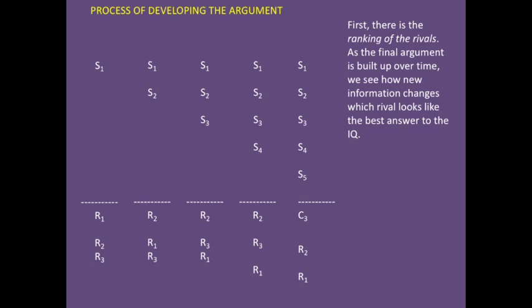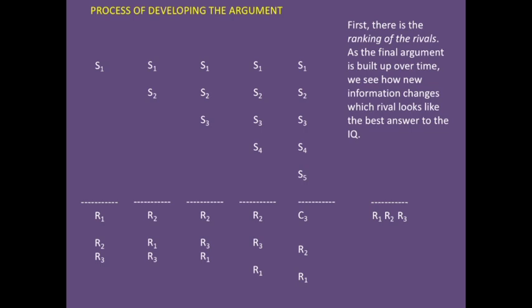So imagine that we were looking at a complete argument, and when all of the pieces of support are in, the ranking of the rivals looks something like this: R1, R2, and R3 at about the same level. Now, if someone were to come along and try to make the claim that the support favored one conclusion over the other, based on this visualization, we'd say, no, that's not a particularly strong argument.